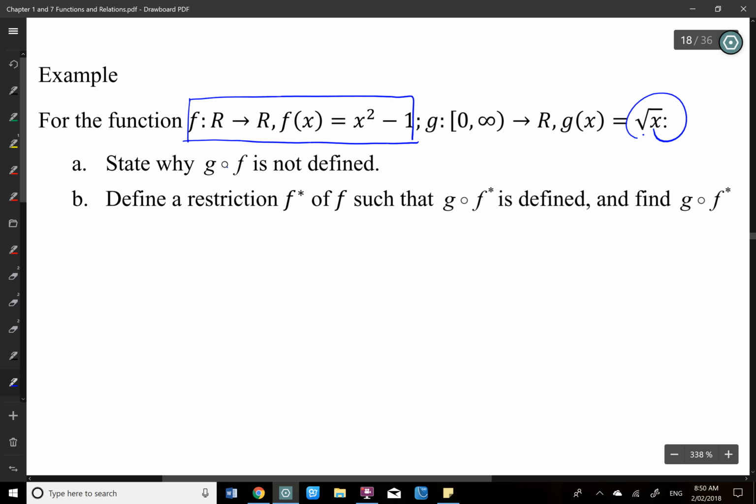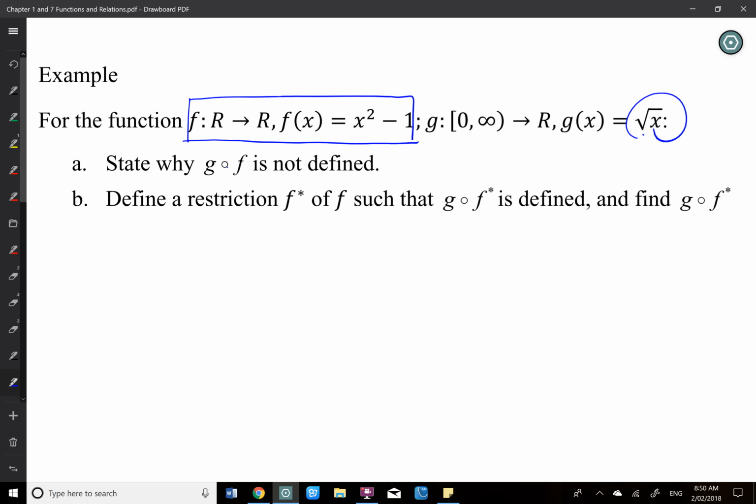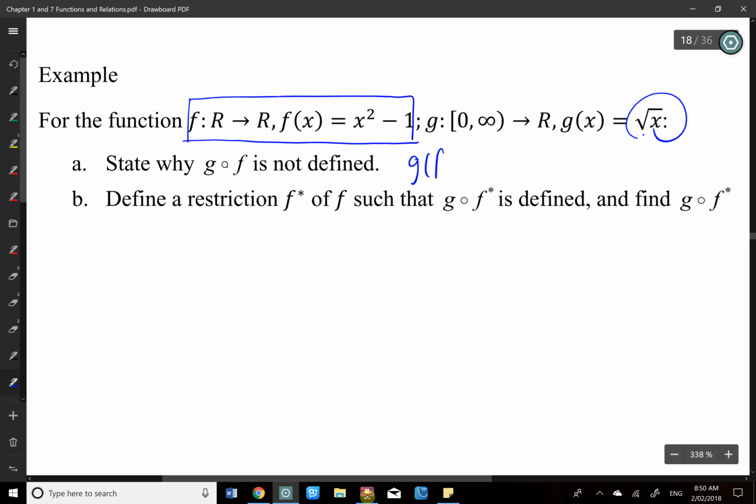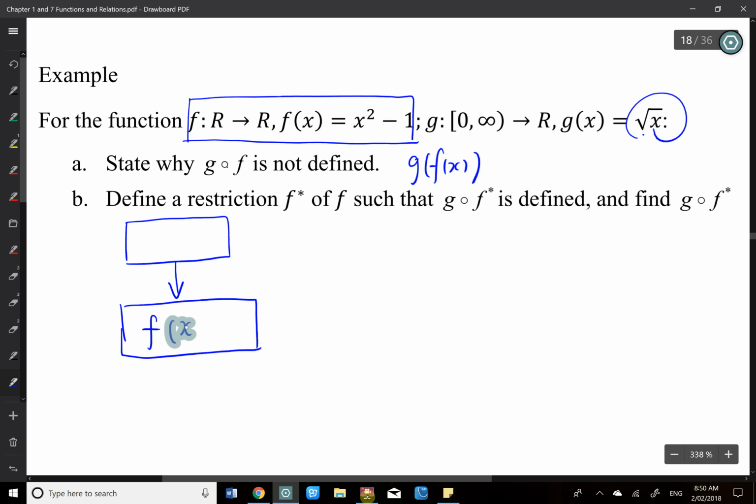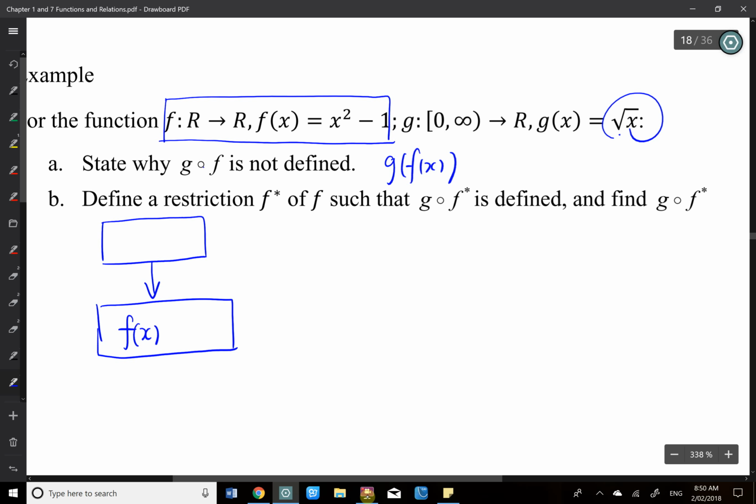Let's use the flowchart again. So this is g f of x. First of all, I can put something into which function? Into the function f(x), that is x squared minus 1.